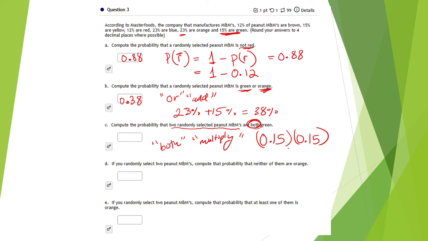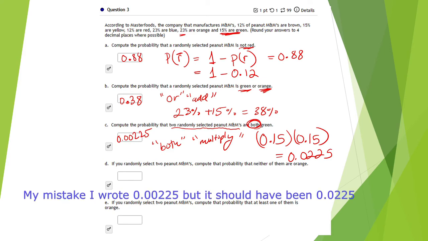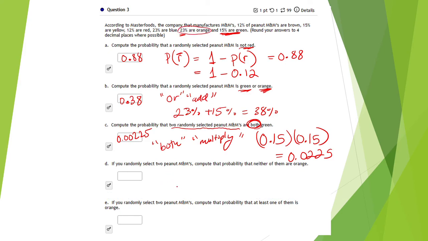So 0.15 times 0.15, and that's going to give me our probability. And that's 0.0225. And so our probability of 2 randomly selected M&Ms that are both green is 0.0225.